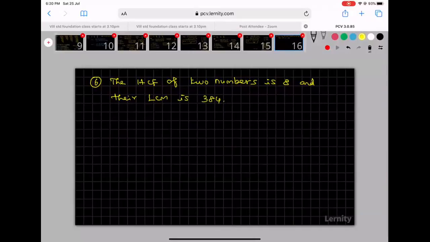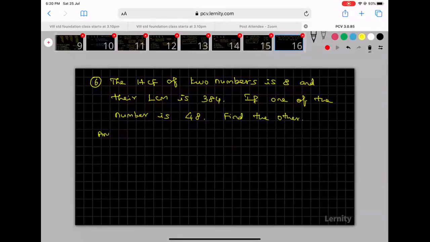If one of the numbers is 48, find the other.